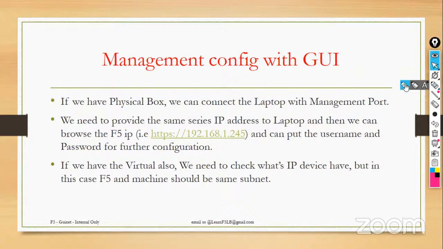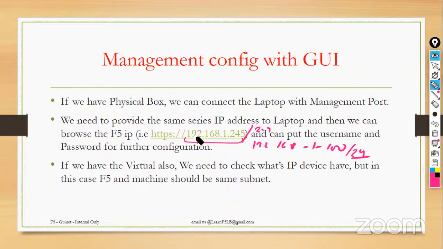Okay. So for example, you have the physical box, right? It comes with the default IP 192.168.1.245. So we can connect our laptop to the management port and provide an IP to the laptop, 192.168.1.100, the same series, right? Correct. It's a /24 network, so we provide a /24 mask.